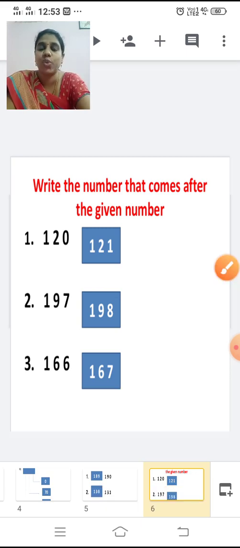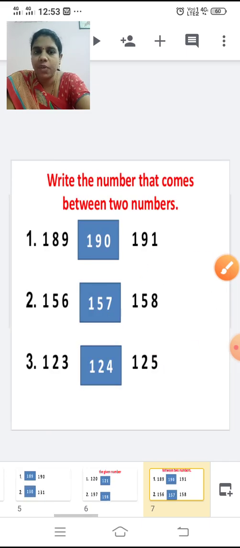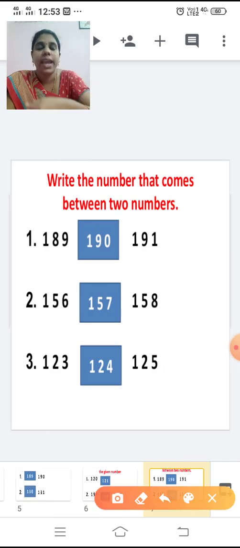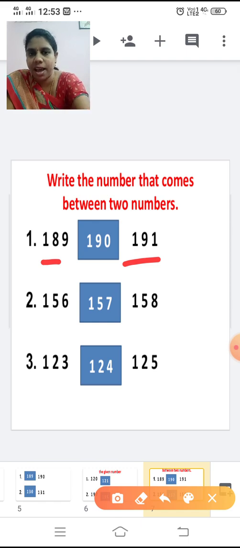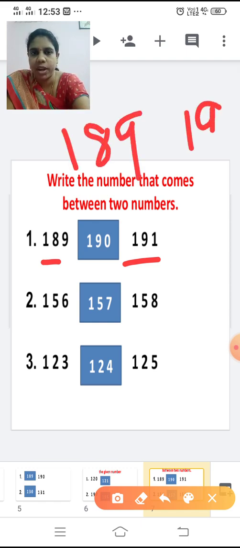So I think you all know how to write the after number, right children? Now we'll see the between numbers. A number that comes between two numbers is called a between number. Write the number that comes between two numbers. First example: what number will come between 189 and 191?